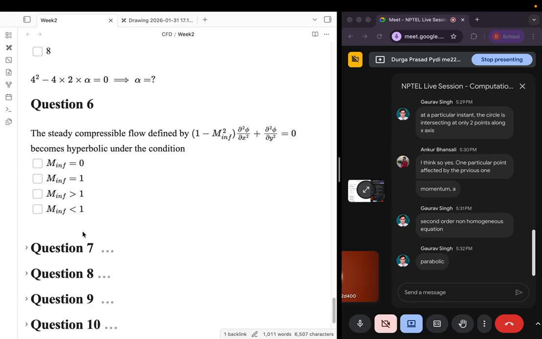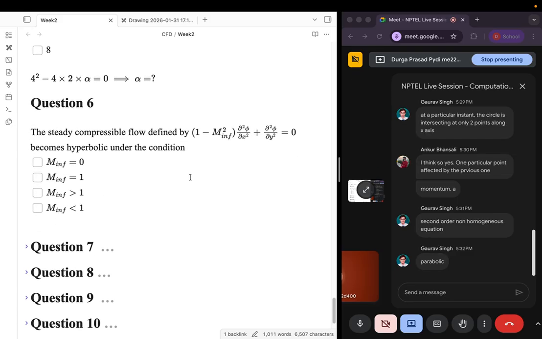Coming back to the problem, this is a general equation, where M is the Mach number.